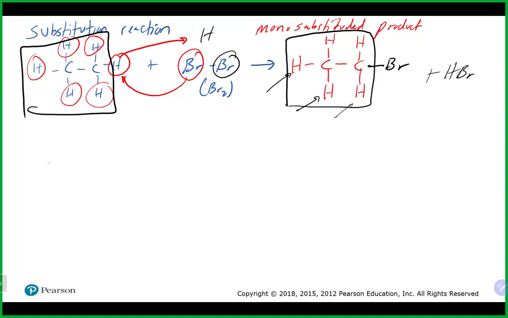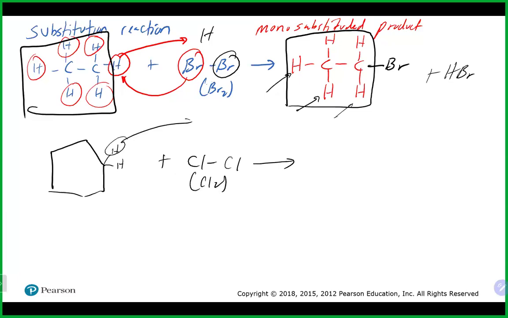Now, you could also do this, for example, on a cycloalkane. Although not drawn, this guy does have a couple of hydrogens hanging out there. If you did a little of this action here, again Cl2, this guy's going to come off, one of these guys is going to come on in his place, and you'll end up with one of those guys and some HCl.